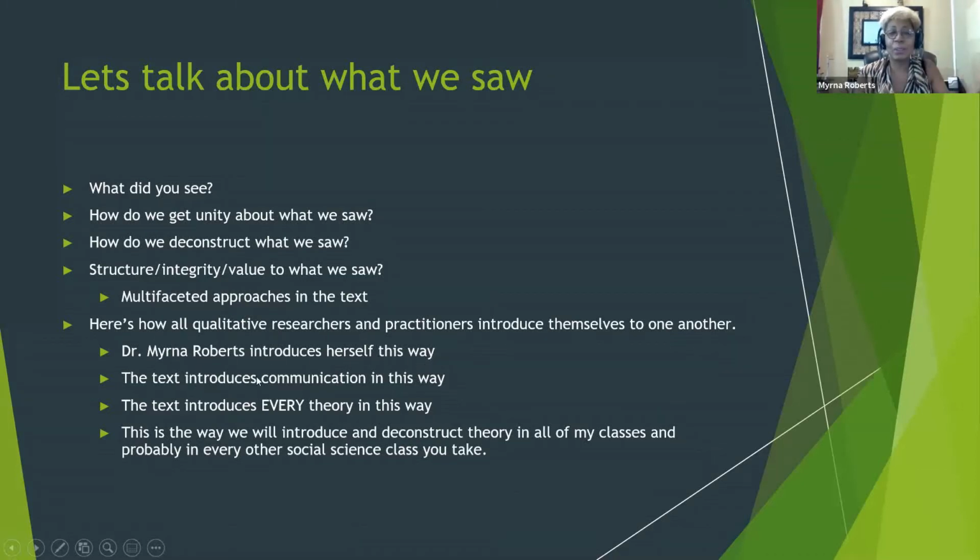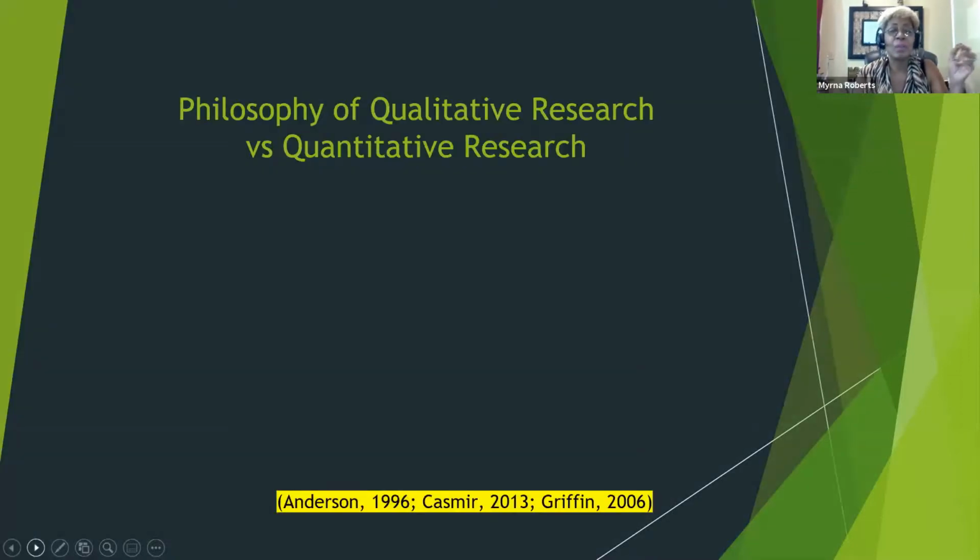The text introduces itself the same way, and the text introduces everything this way, and you guys introduce yourselves to me in this way, and this is the way you will introduce and deconstruct theories in all of my classes, and probably any other social science class that you have. This is how the science of deconstructing sociology, psychology, all those, goes.